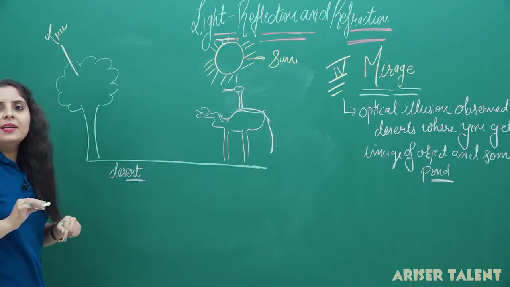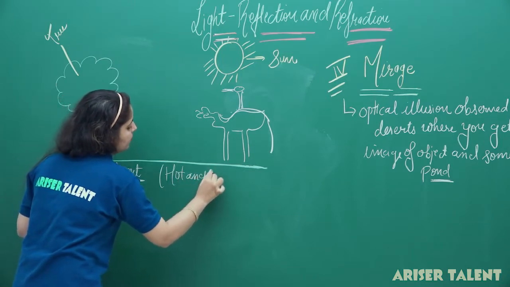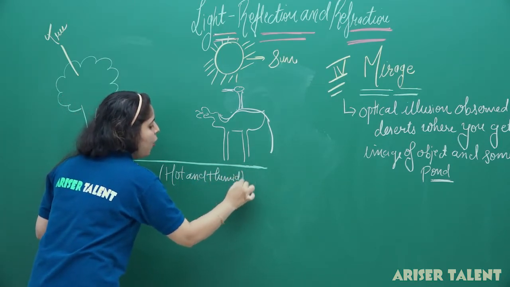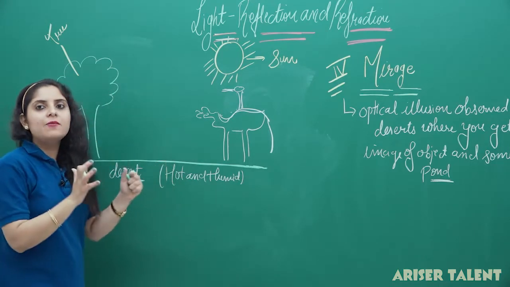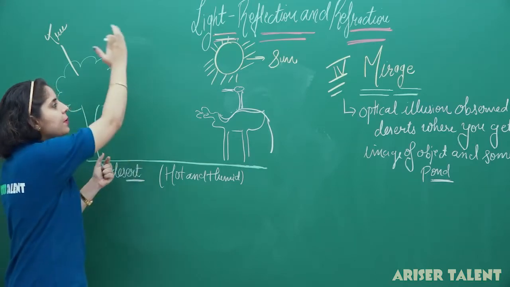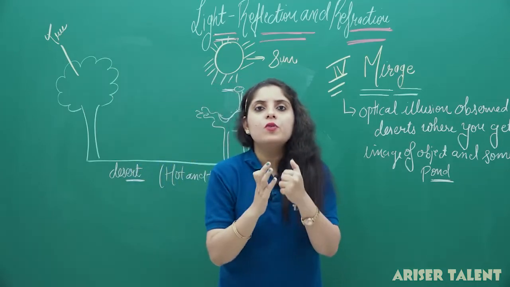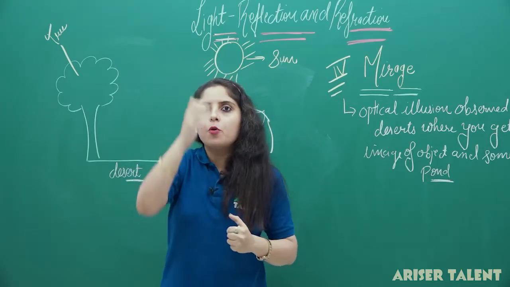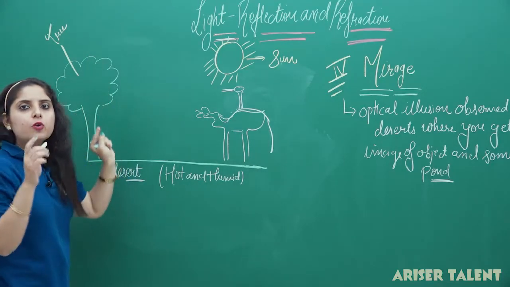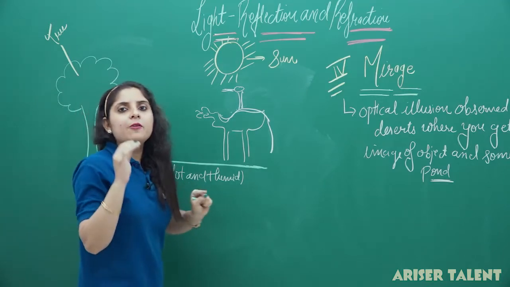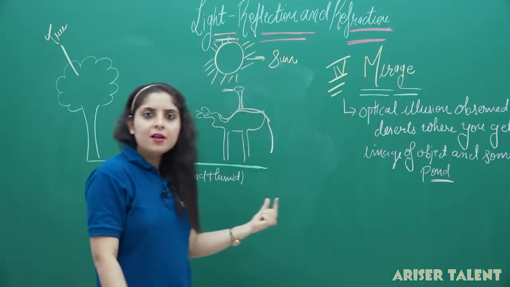Deserts are very hot, so the air molecules near the ground are very hot, and as you rise up the hot air becomes cooler. So the refractive index and the density will be lower in the lower layers and higher in the upper layers.